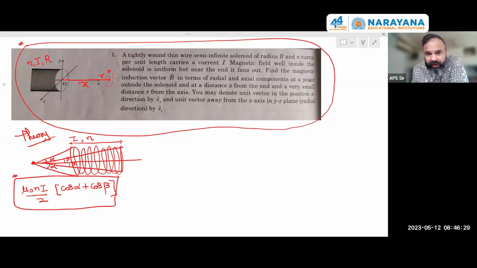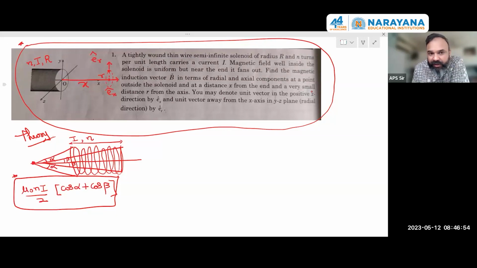He is very clear in this problem, very categorical, that you go a distance x in the forward direction, and you denote your unit vectors by e x cap and e r cap, for a very small distance r. So he is talking about this vector as e r cap, and the unit vector in this direction as e x cap. So he wants me to calculate here.